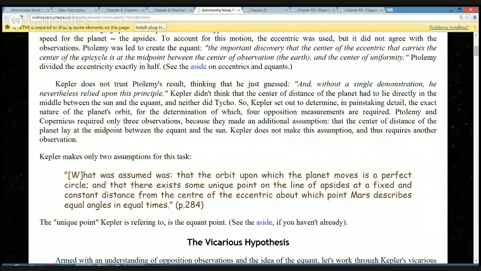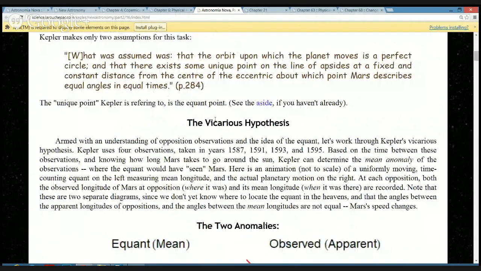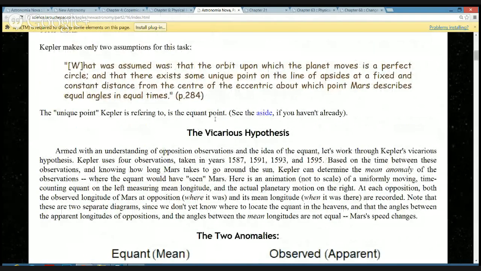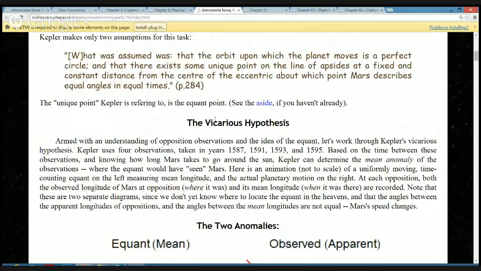It's not direct. You experience something vicariously. You didn't really experience it yourself. You sort of heard about it from someone else by proxy. What Kepler's making in his vicarious hypothesis is a hypothesis by proxy. He's going to make a way of explaining how Mars moves, and he doesn't really think it's the way Mars really moves, but it's going to stand in for it.